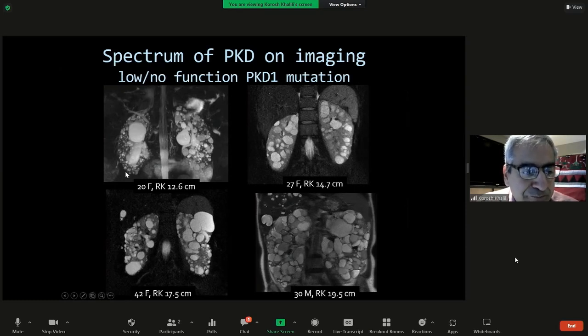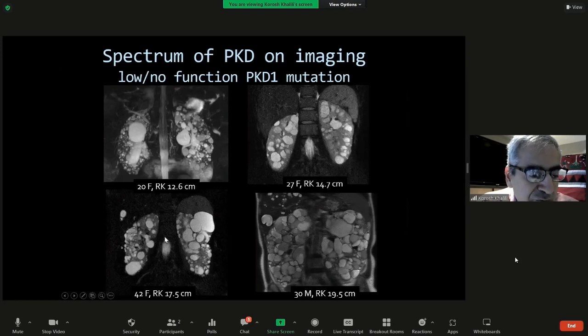So this is a younger patient, 20 years old, and their kidneys are slightly enlarged for their size. And this patient is 30 years old, and the kidneys are really large, and we don't see any renal tissue in between the cysts. Here you can see in between cysts, there's some renal tissue.